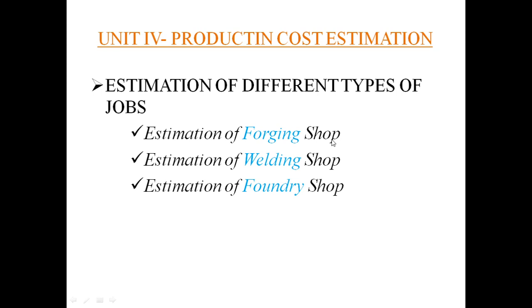In the forging shop, how to estimate the product, and in the welding shop, what factors and losses we have to consider, how to calculate the material cost, the labor cost, the machining cost, and the overall cost of the product. We will see this for welding, forging, and foundry, etc.